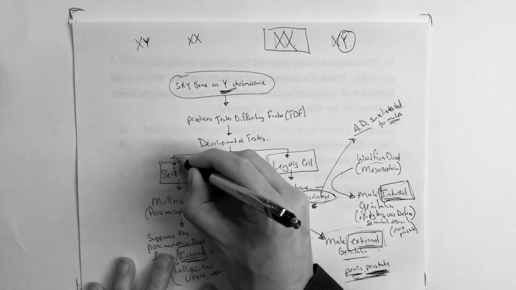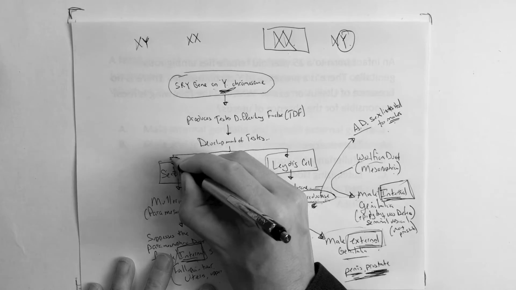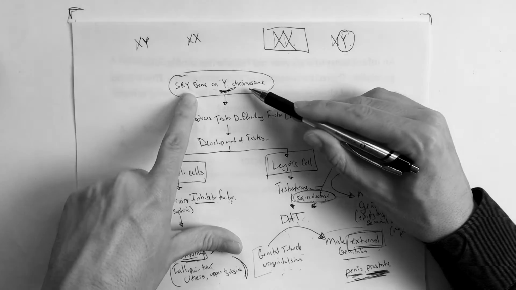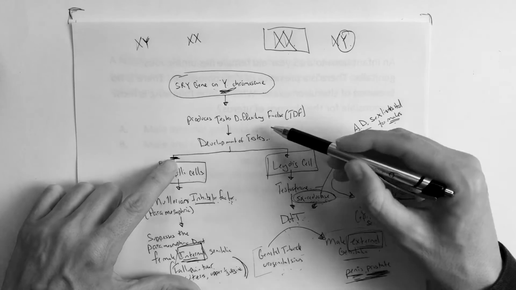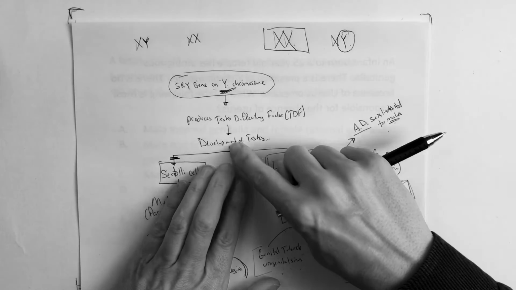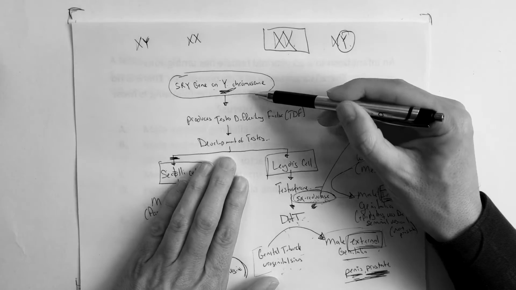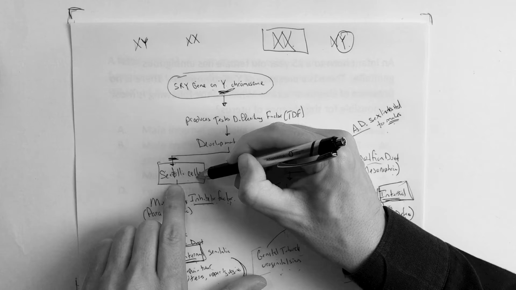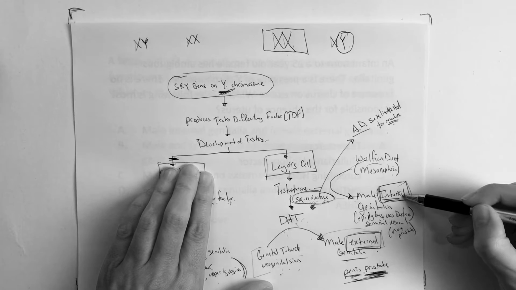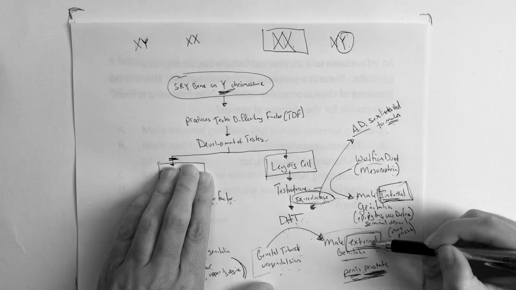If I were to inhibit it right here, what would happen? Yeah, I'd be a male presentation, but what would be kind of the crazy part here is that everything over here is fine. This pathway is fine. So if I'm a male and I have an issue right here where I don't have any Sertoli cells, well, I'll have normal internal male genitalia. I have normal male external genitalia.